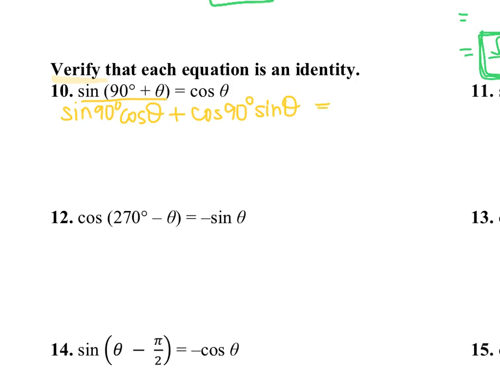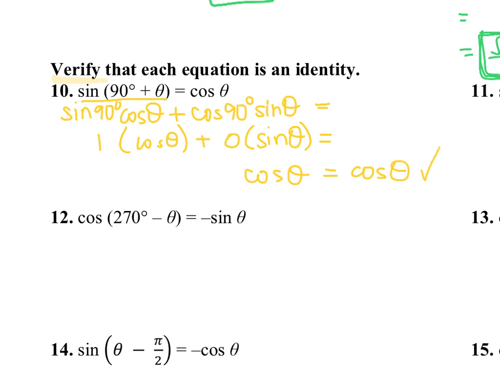And sine of 90 degrees, if you look at your unit circle, is just 1. And cosine of 90 degrees is 0. So this simplifies just down to cosine of theta, which is equal to the right-hand side of cosine of theta. So that checks out.